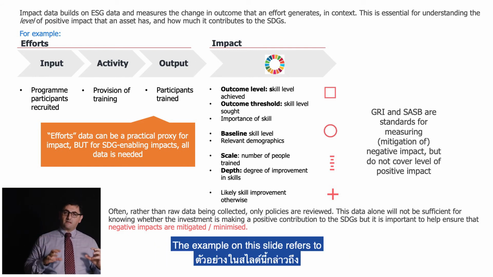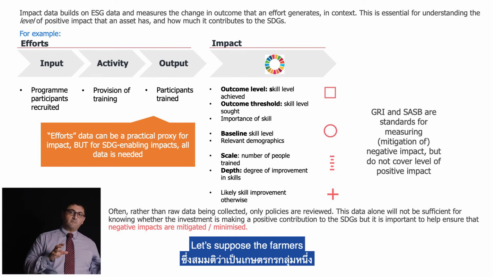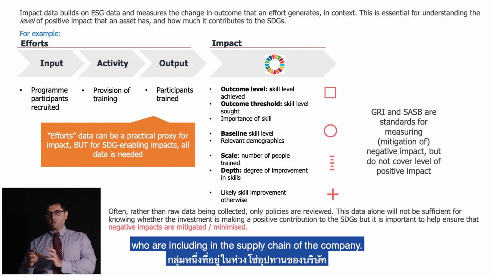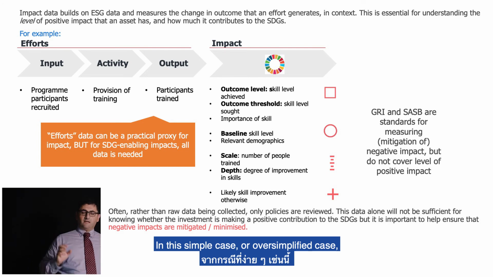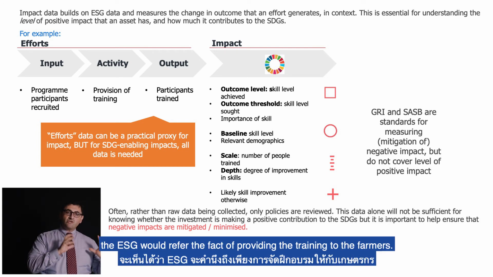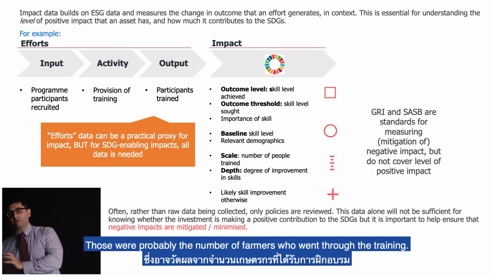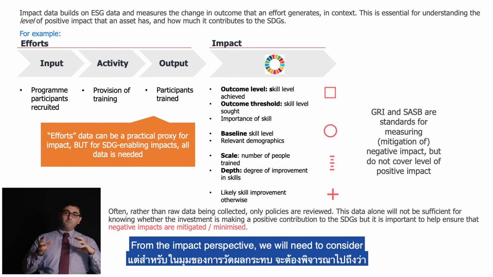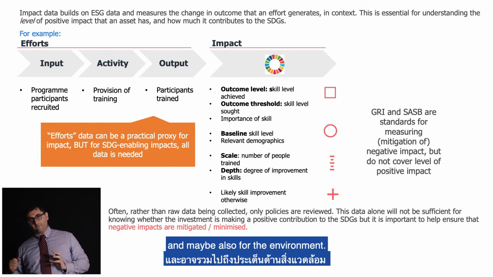The example on this slide refers to a training provided to external stakeholders of a company. Let's suppose farmers who are included in the supply chain of the company. Now, in an oversimplified case, the ESG would refer to the fact of providing the training to the farmers and also probably the number of the farmers who went through the training. From the impact perspective, we would need to consider how important were those skills for the farmers and maybe also for the environment.